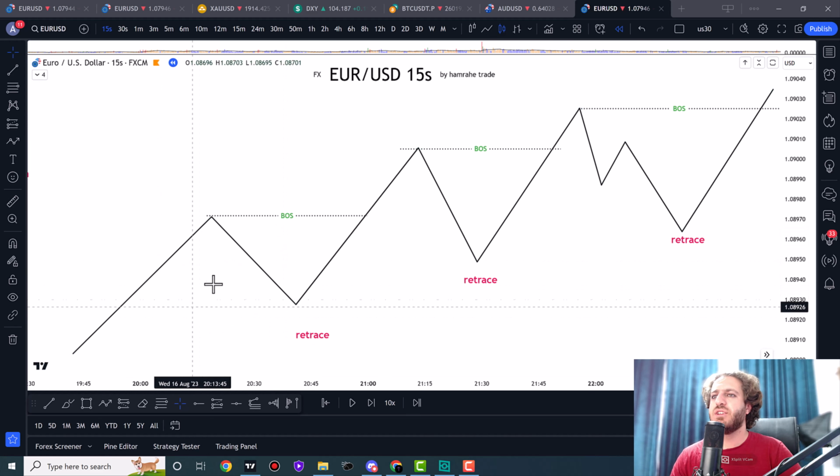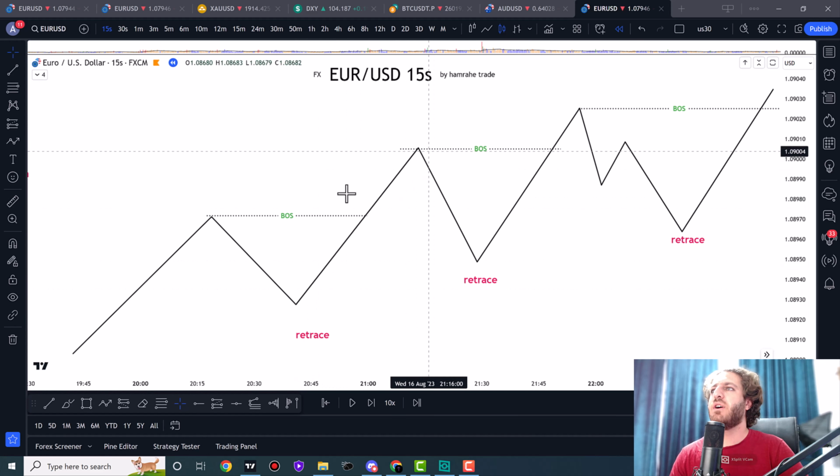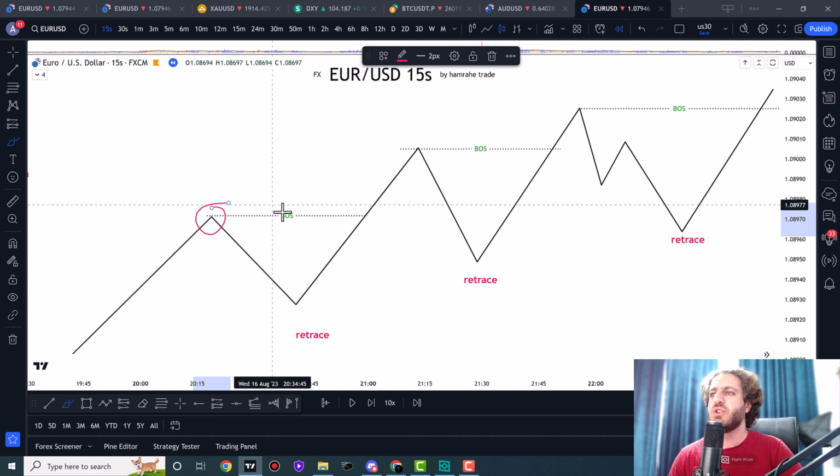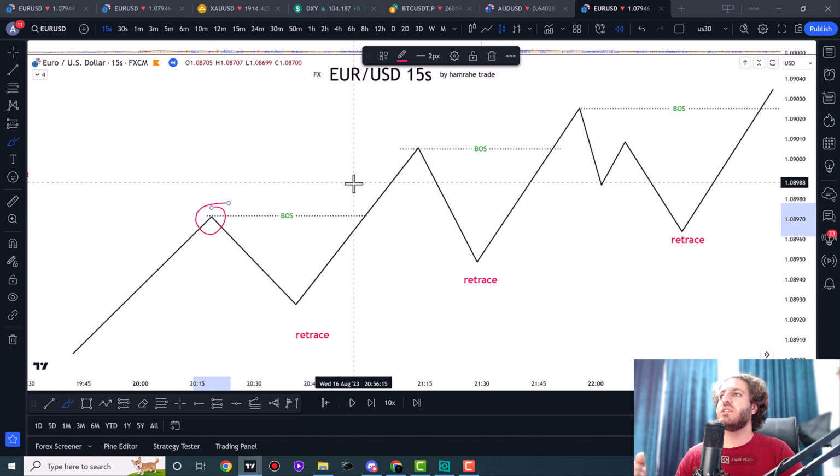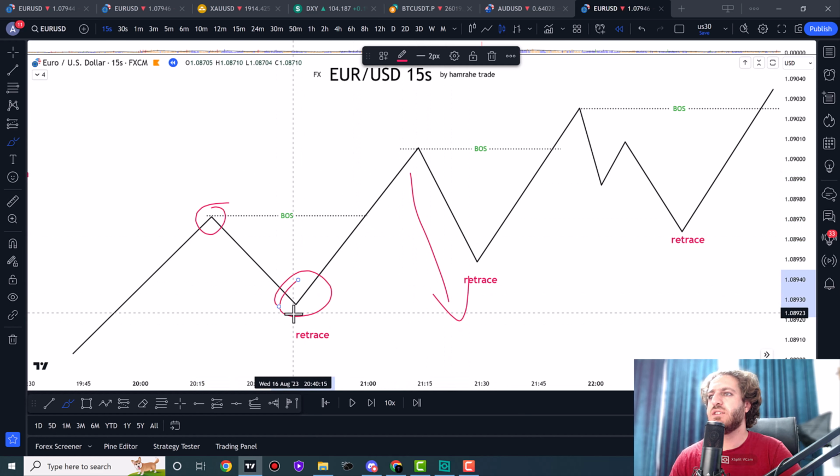The market is going up, it comes up, it breaks this structure, it breaks this high, so it needs a lot of money, a very big amount of money to come back and break this structure. Why?